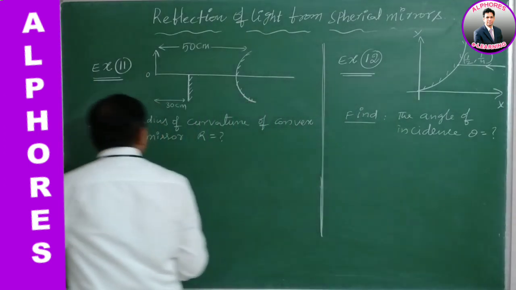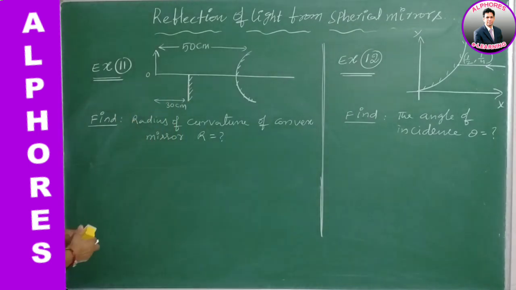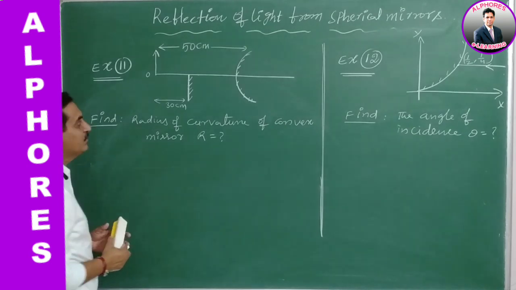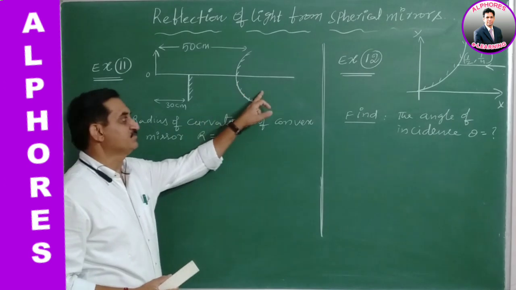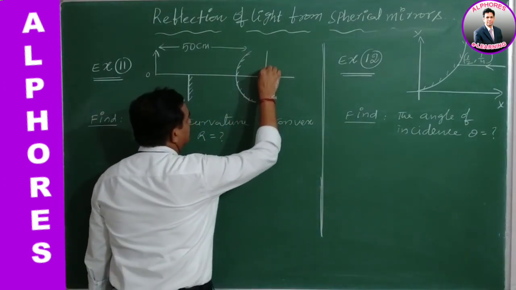Now, here the object is kept at a separation of 30 centimeters. As we know the basic rule of a plane mirror, the distance of the object will be equal to the distance of the image. Suppose the two images coincide with each other.